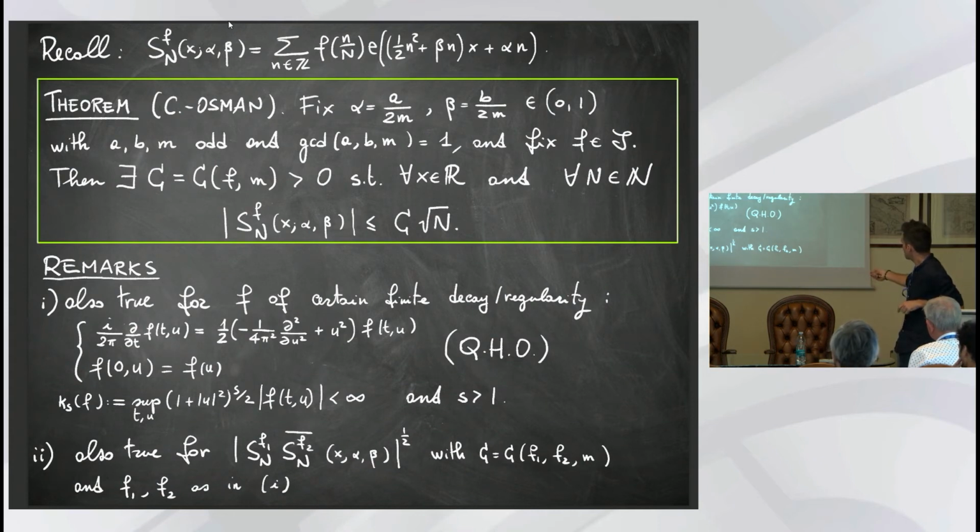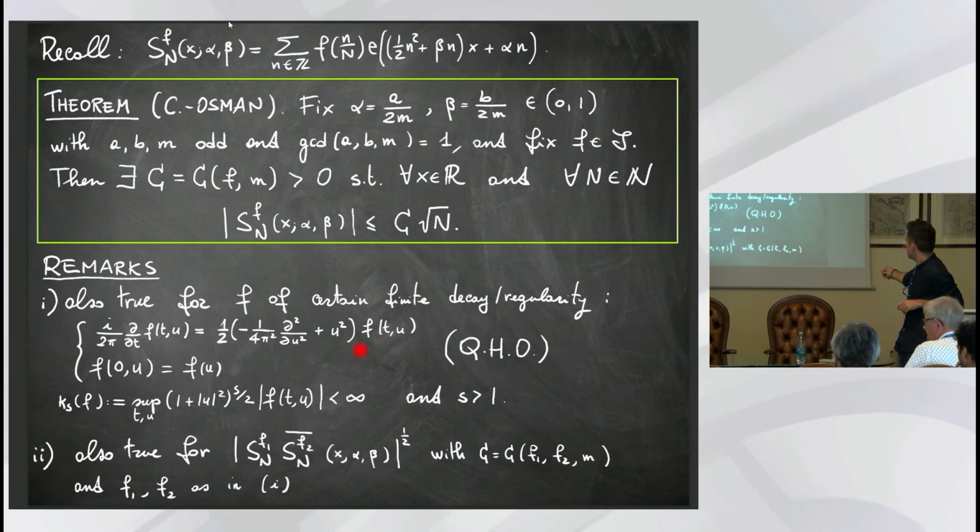Here I mention for my convenience later, in case I get to discuss some of the technical parts of the proof, the more dynamical parts of the proof, that there is a tool or a quantity that we use to investigate the decay and the regularity simultaneously of this function. So you imagine you have a quantum harmonic oscillator.